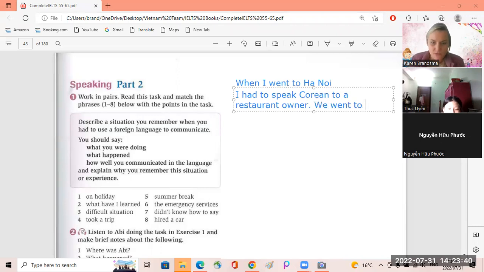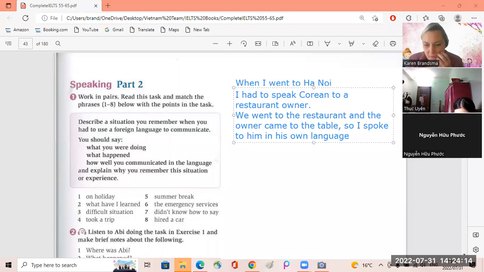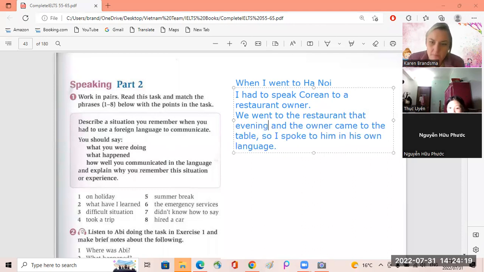We went to the restaurant and the owner came to the table. So I spoke to him in his own language. Okay, in his own language is Korean. Okay, let's say that evening.